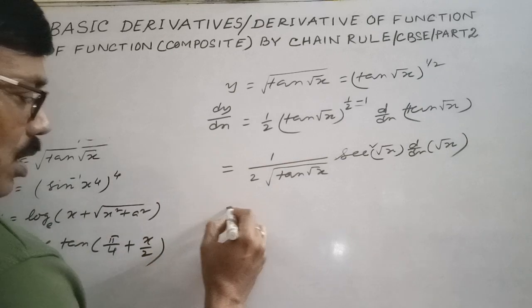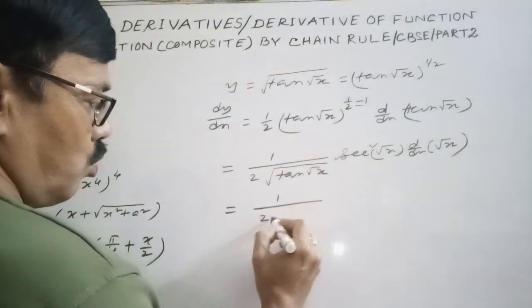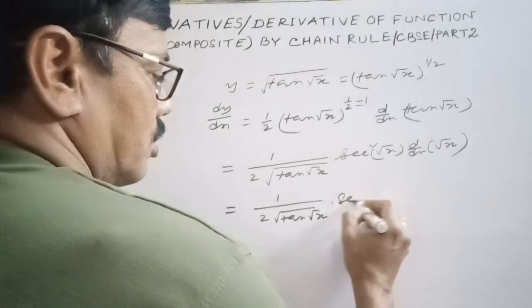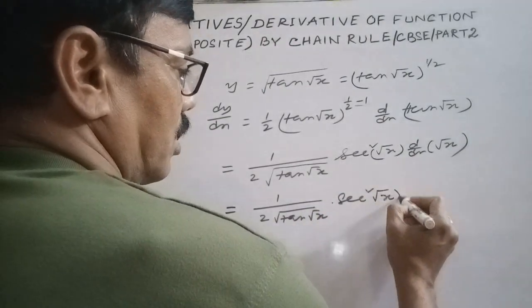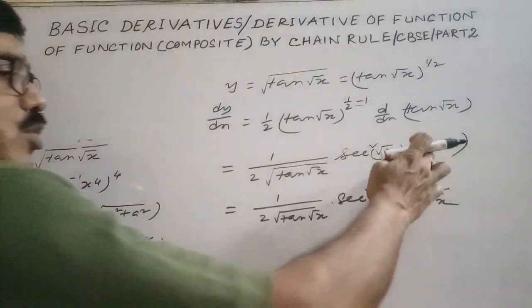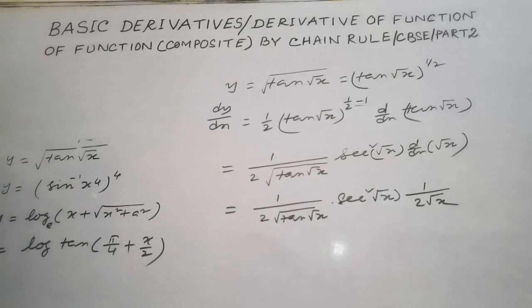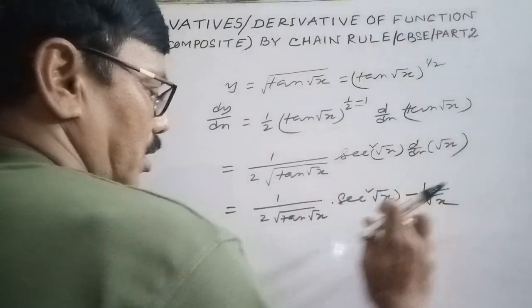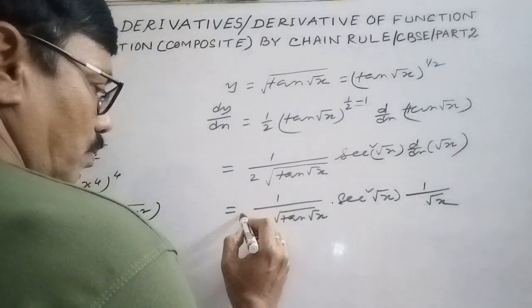Now 1 by 2 into tan of root x, sec square root x, and this one is 1 by 2 root x, x to the power half. So 1 by 2 root x. Then finally this half into half is 4.